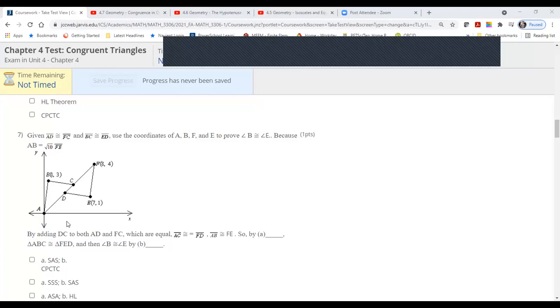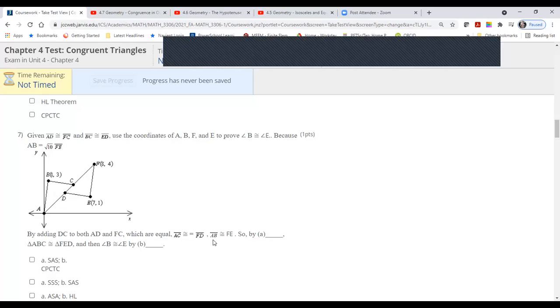And then AB congruent to, because AC congruent with FD, right?